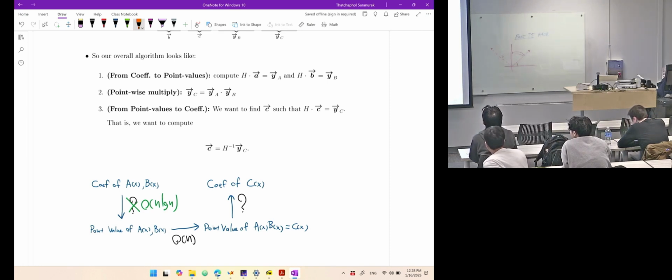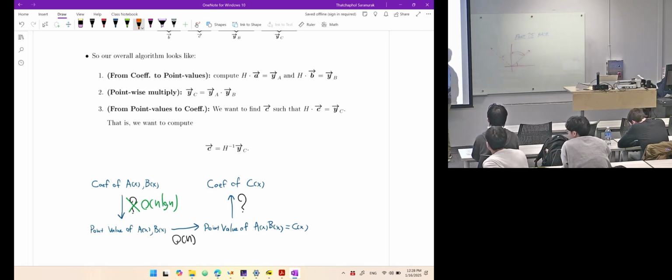And the pointwise multiplication here, what is this? It's just to multiply these two vectors YA and YB pointwise. You have two vectors, you just multiply them pointwise. You get YC. This is exactly the evaluation points of C at the powers of omega. Okay.